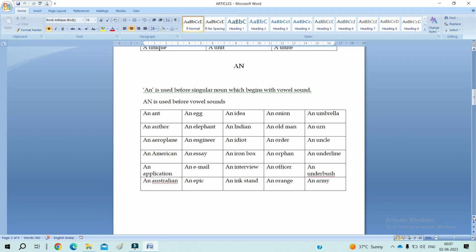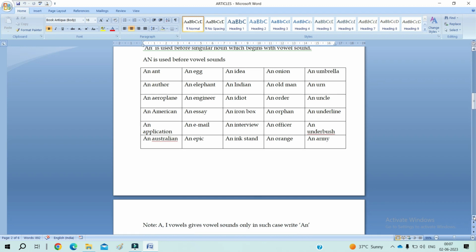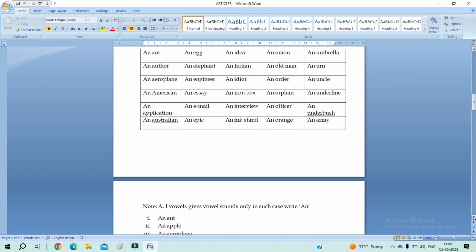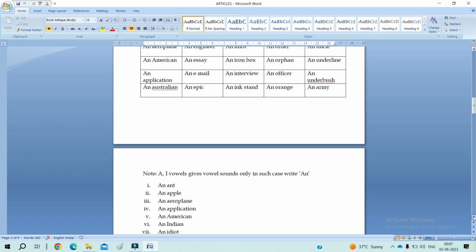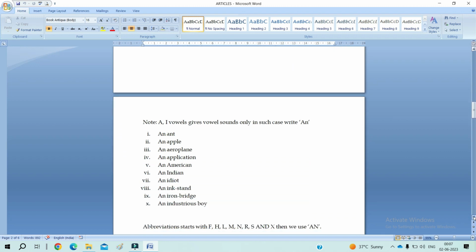Likewise, you can mention an. Next, you have to remember: a, e, i, o, u vowels give vowel sounds.